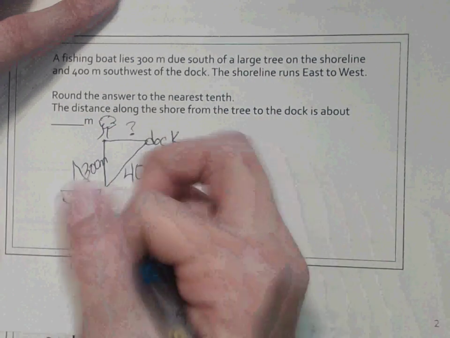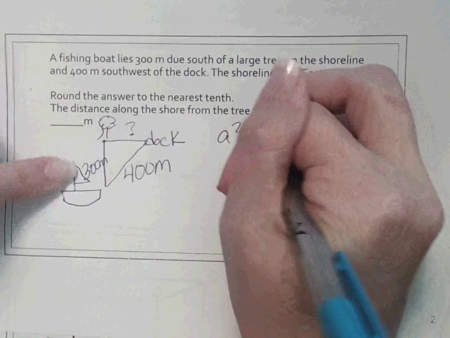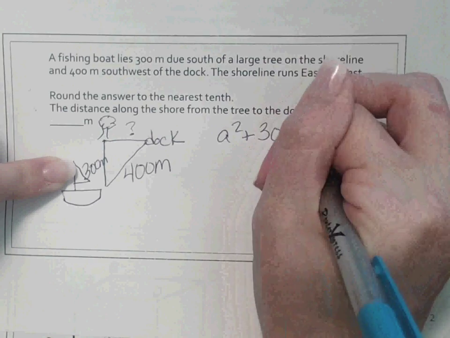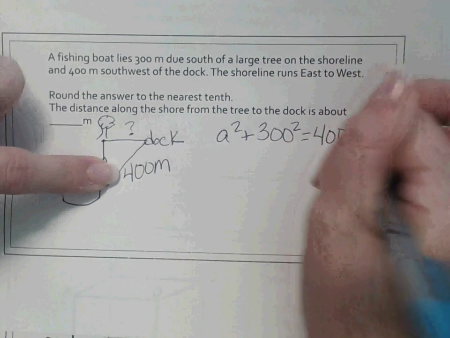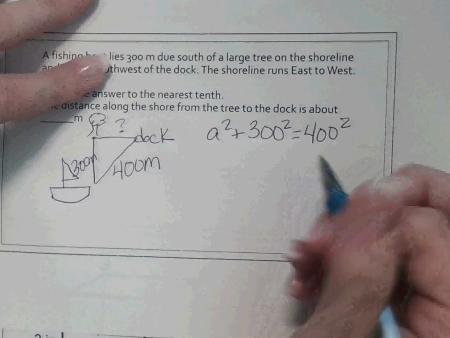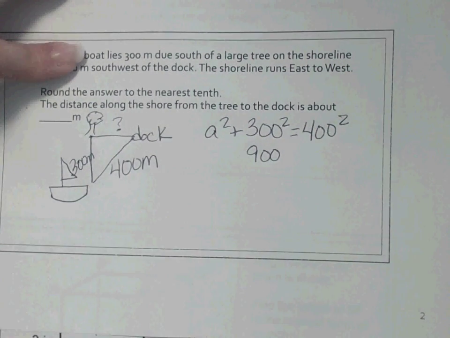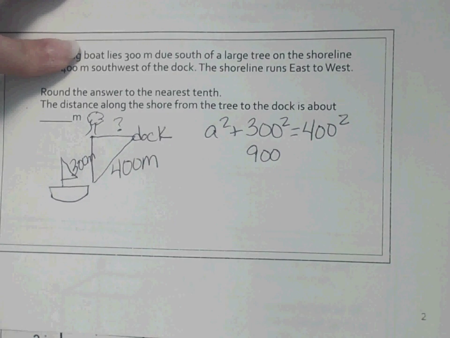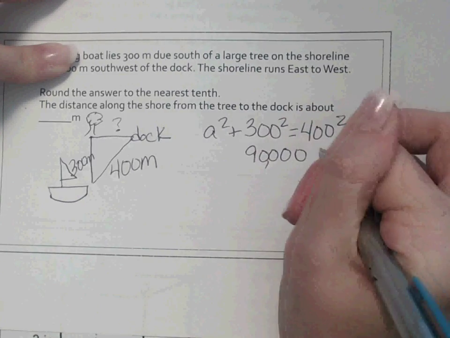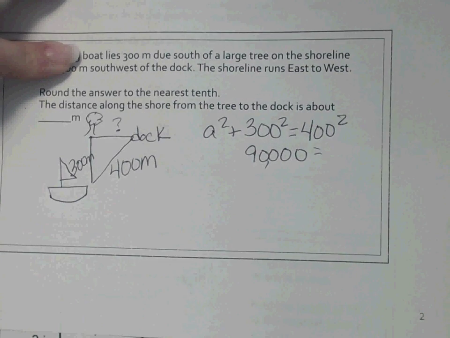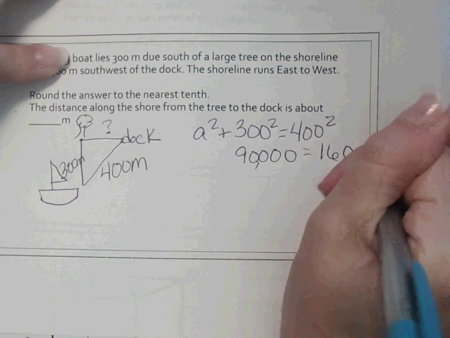So we've got a squared, which we don't know, plus b squared, which is 300 squared, equals c squared, 400 squared. So we can simplify a little bit. 400 squared is 160,000.